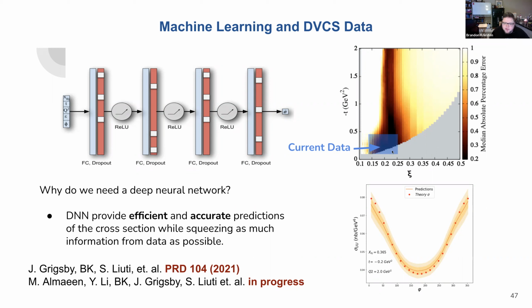This is essentially telling us that we can squeeze way more information by taking this global perspective and studying these trends in the data. We can squeeze more information out of the data than just the data points that are given. So this is important, and we talk about this in terms of physics-informed neural networks, which I'll talk about a little bit.